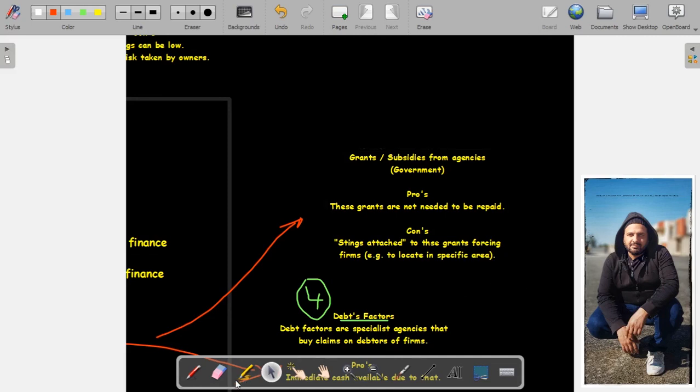This is the disadvantage in this method. This is the external finance method or type number 5, the grants or the subsidies.